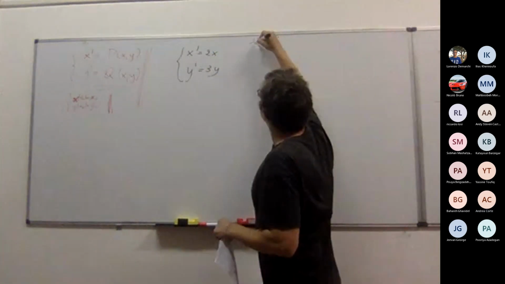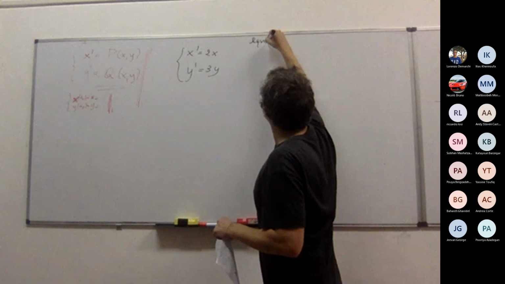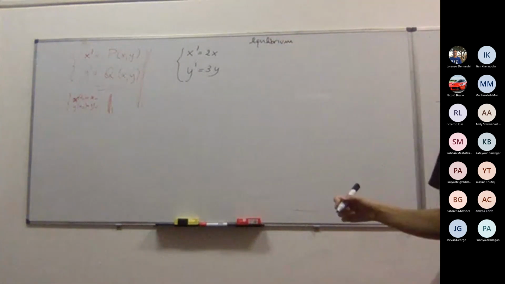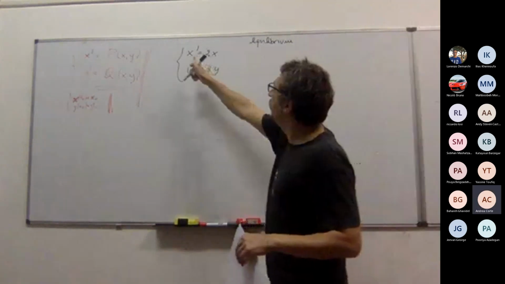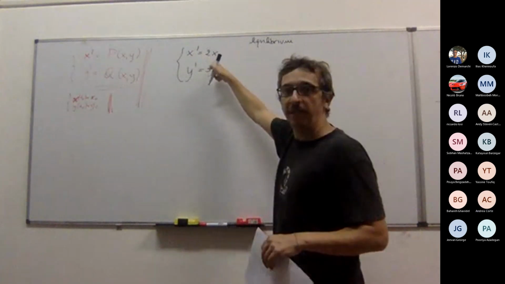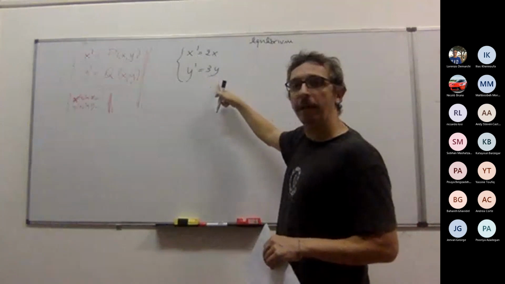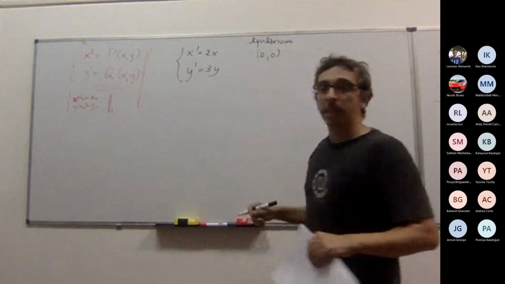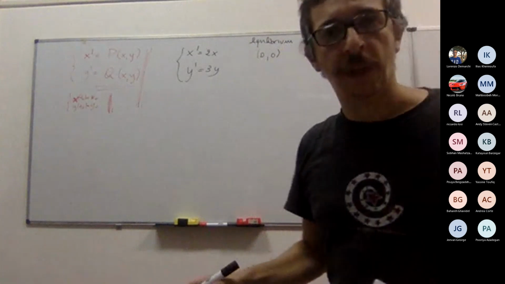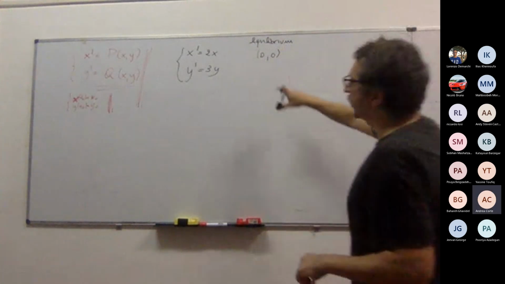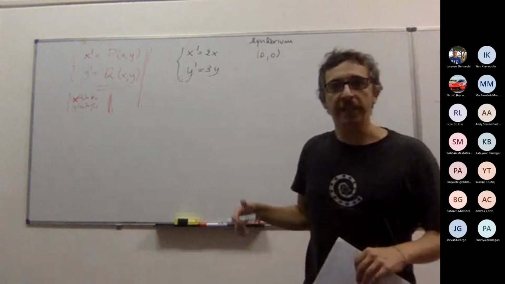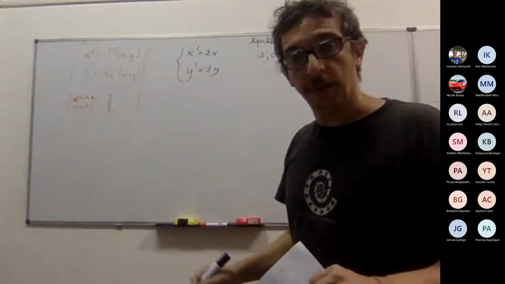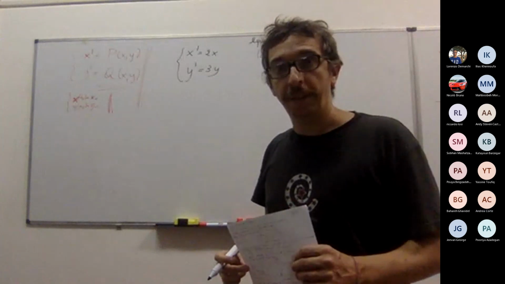Now, the equilibrium is like before, right? So the equilibrium is given by 2x equal to 0, 3y equal to 0, which gives you 0, 0. So the critical point of the system, this linear system, is again just the origin of the phase plane.